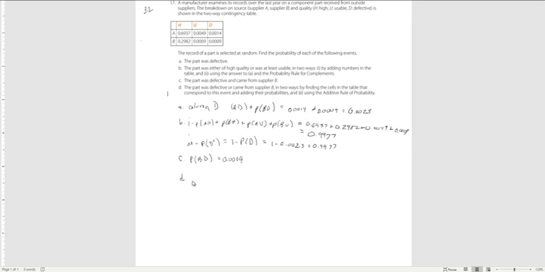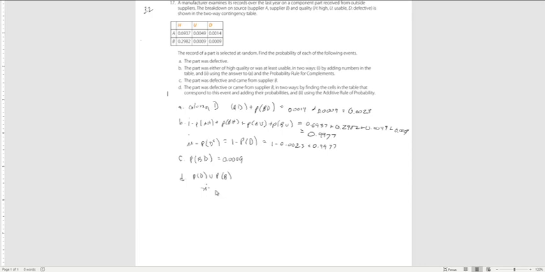Okay. Let's go to D. The part was defective or came from supplier B. So here we want the probability the part is defective in union with the probability that it came from B. So it's B or defective. Okay, so we're going to do this two ways. Again, we have the first way, where we find the cells in the table that correspond to the event and add their probabilities.